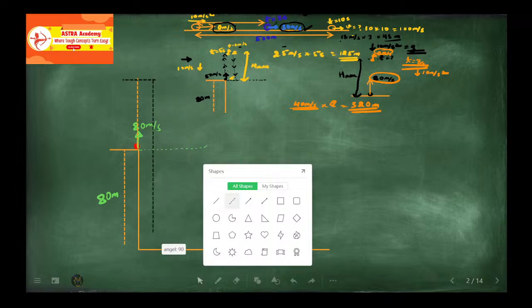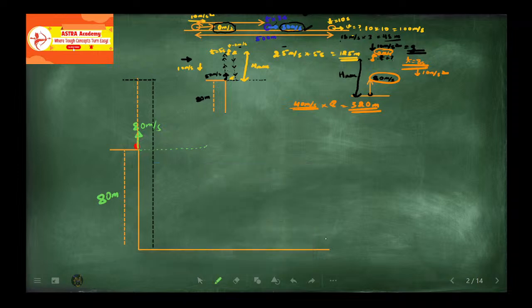Suppose I am taking this as ground. This is my ground level. And this is the building. This is the terrace of the building from where I am throwing this stone.